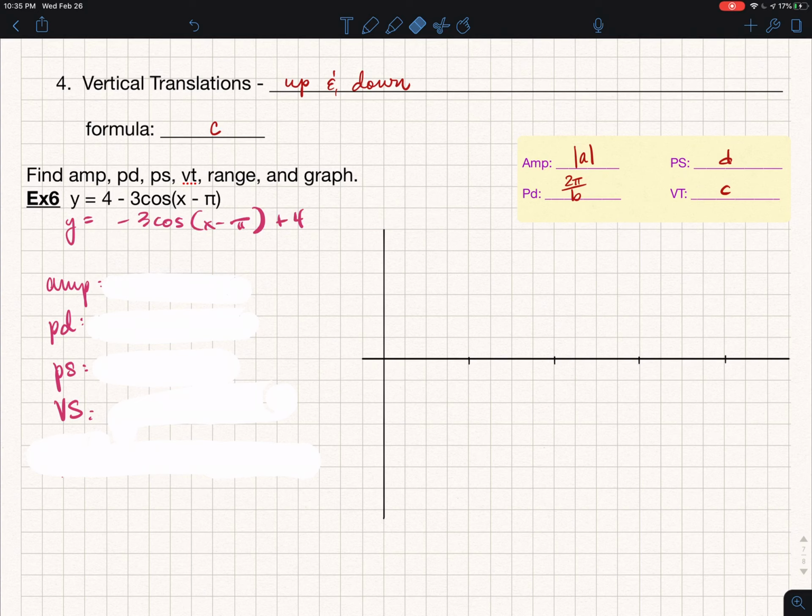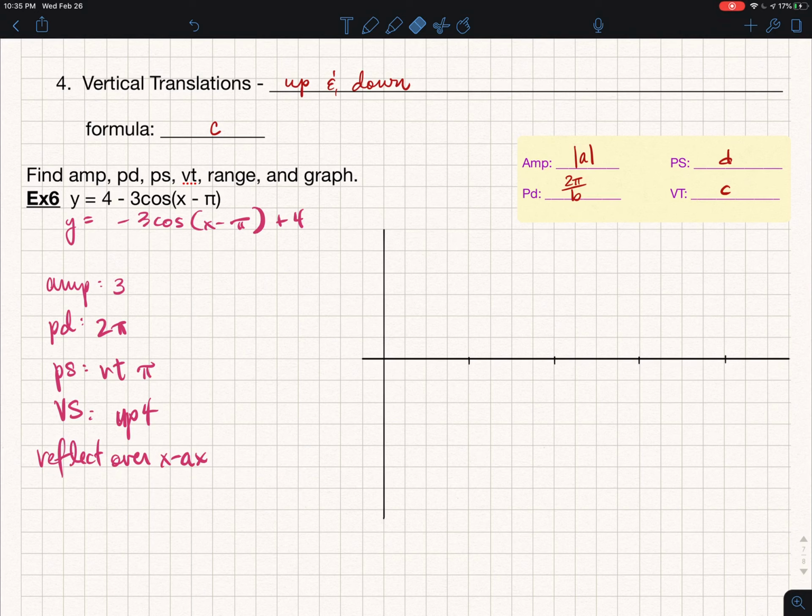Then I can easily see that my amplitude is 3. My period is 2 pi over b, which is 2 pi over 1. My phase shift will be to the right pi. My vertical shift will be up 4. And there's one more thing I need to pay attention to, and that's that negative out front. That negative tells me I need to reflect over the x-axis.